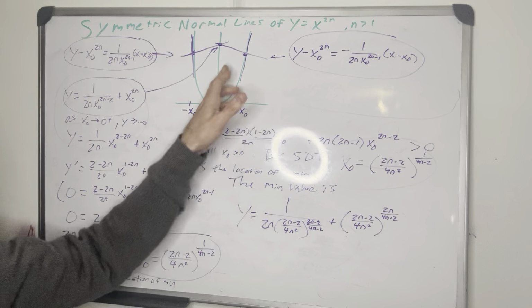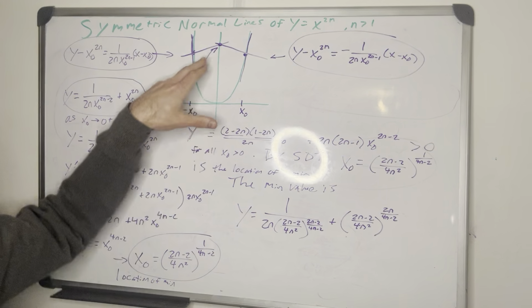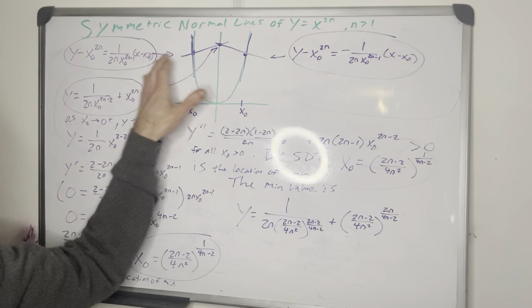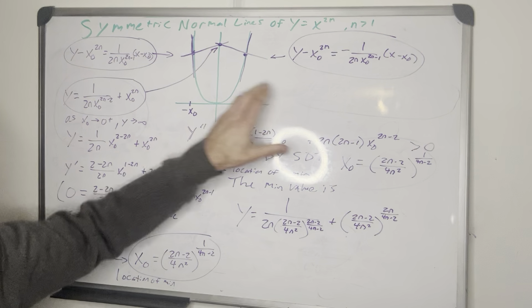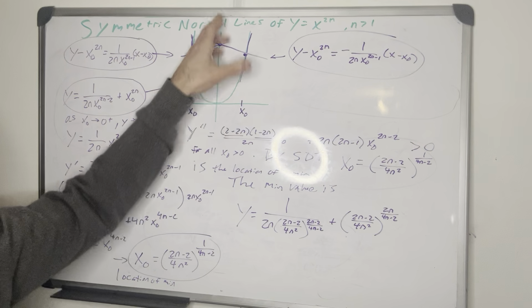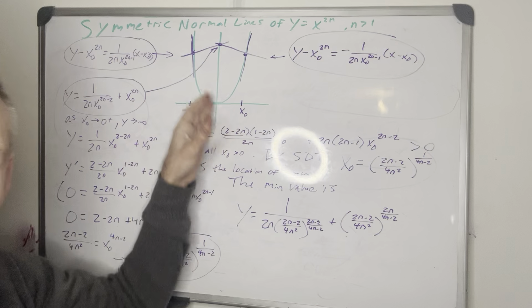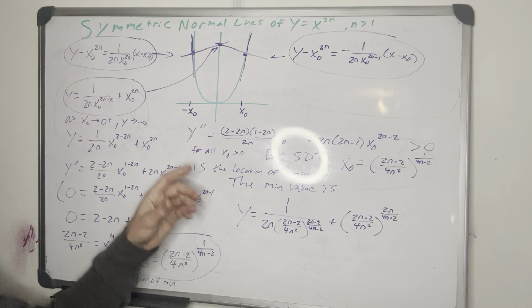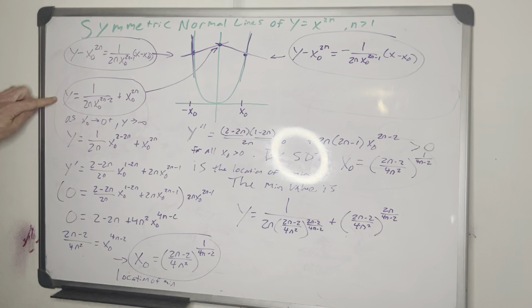So you get these two lines, and just solving this system of two equations and two unknowns, you find x is 0, so it intersects on the y-axis because of the nice symmetry. That's kind of what you would expect. And then the y-coordinate is given by this value right here.